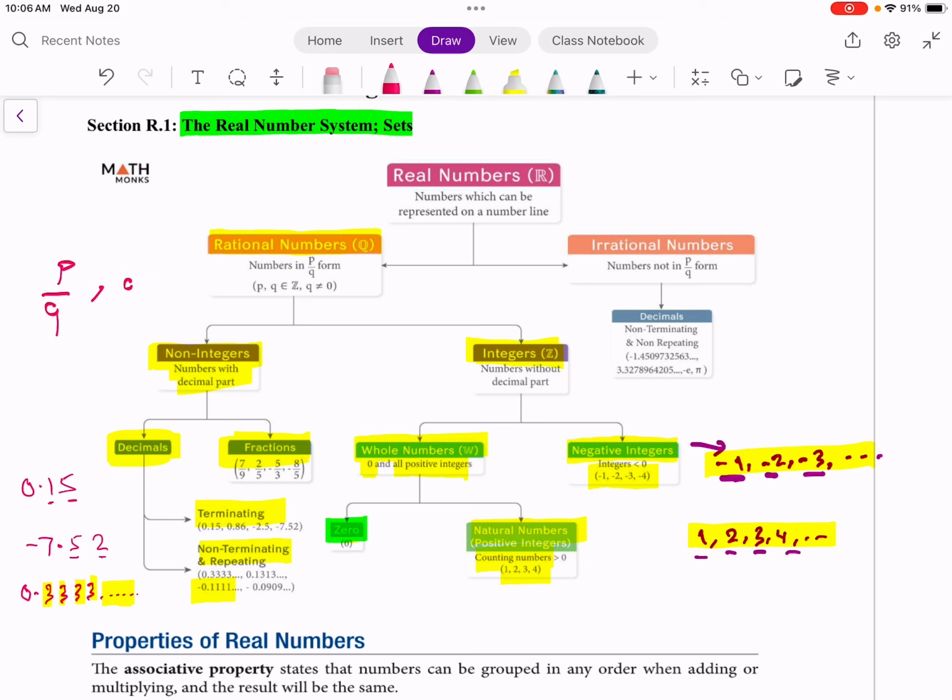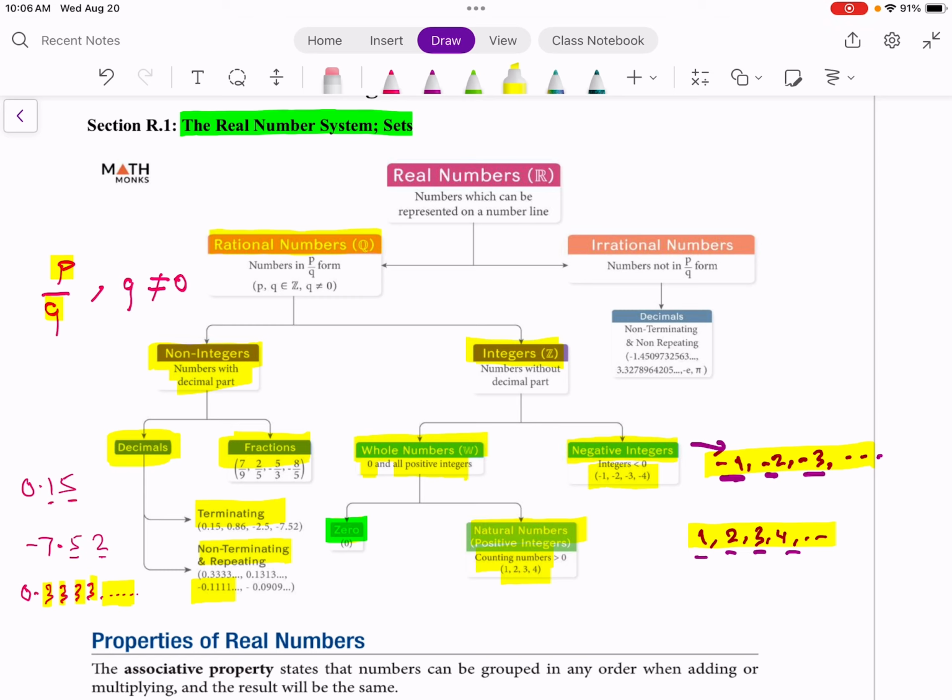Okay, q is an integer which is not equal to 0, and p is also an integer. So if we can write any number in the form of p over q, where q should not be equal to 0, and p and q are integers, then we call it a rational number.